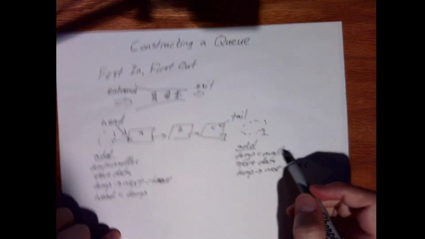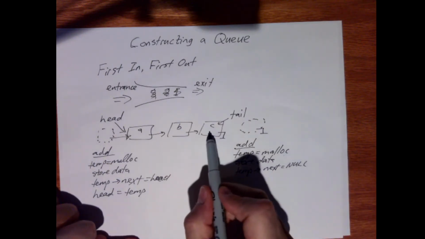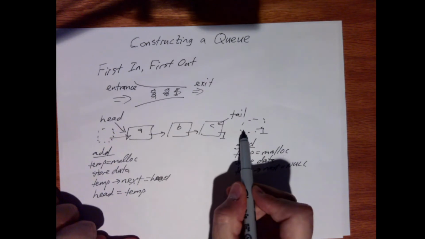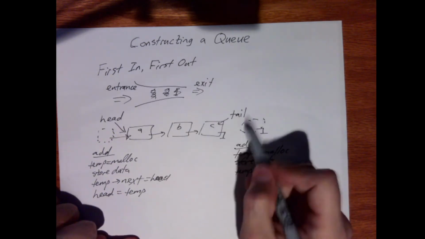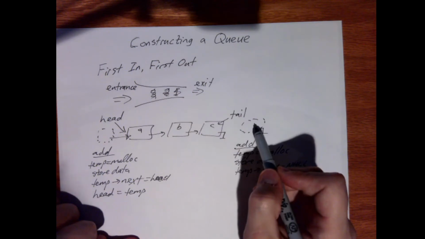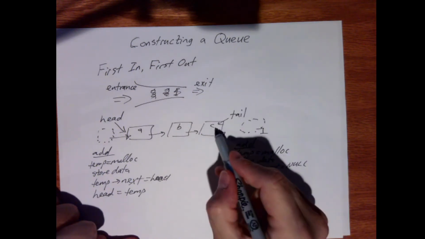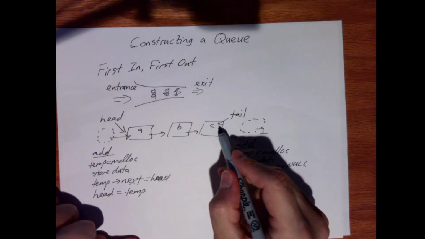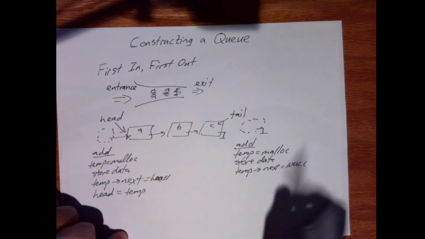And then what's left to be done? Well, it turns out two things. I need to have node C connect to the brand new node, and I need to have tail point to the new last node. But if I say tail equals temp first, I no longer know where the last node is at, short of coming back in at the head and working my way back down.